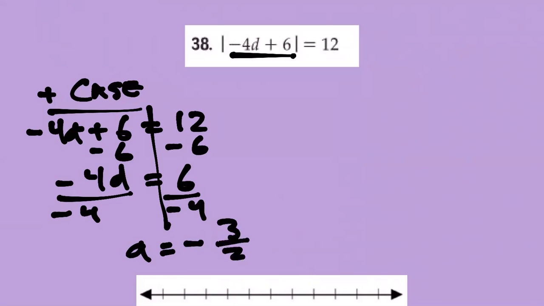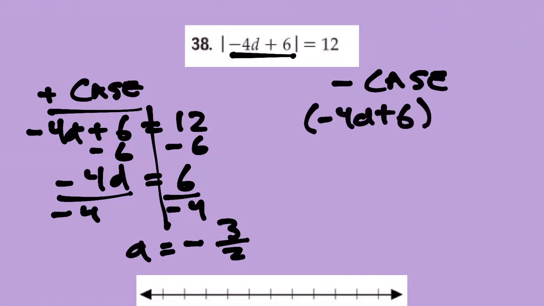I'd say graph it, but let's wait and see what our next one is so we know how to set up the number line. Our negative case is this whole thing, negative 4d plus 6, is going to be negative.